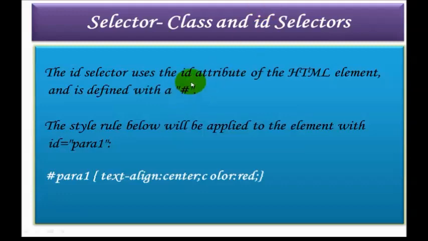Once again I repeat, whenever you want to define an ID attribute or ID selector, you want to use the hash symbol. The style rule below will apply to the element with ID equal to para1. So I am going to use the user defined ID. It always starts with the hash symbol, para1, followed by text align, that is a property value.